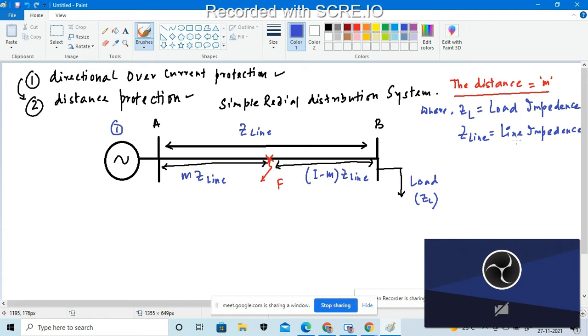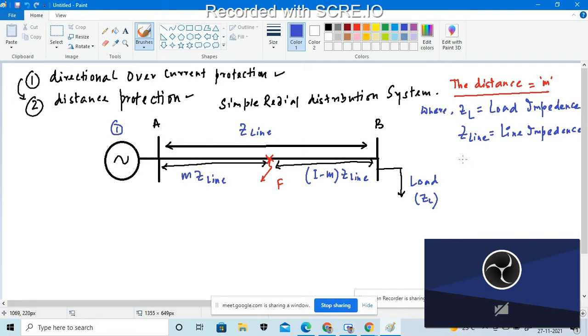In that case, we consider a simple radial system which is fed by one single source, and we have to measure the apparent impedance. Our main concern is finding the apparent impedance.